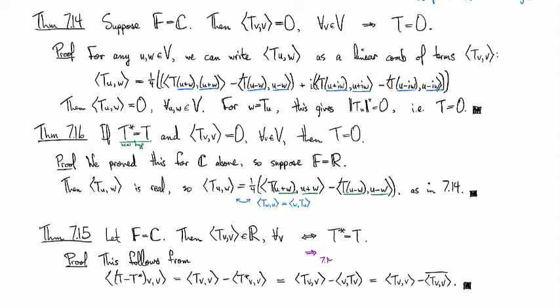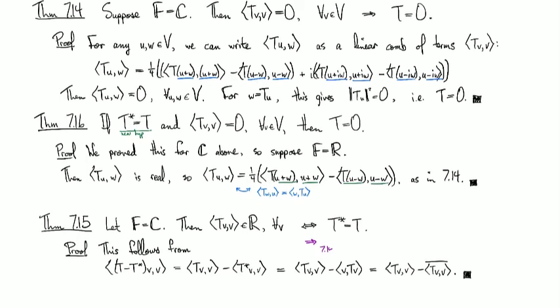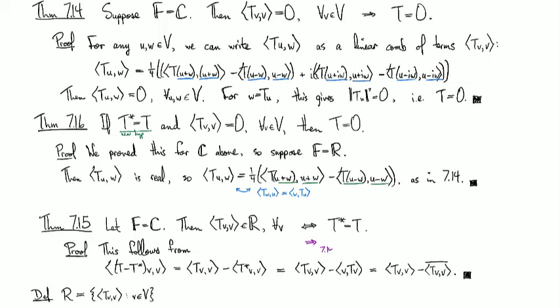So, by the way, this expression that comes up, let's, oh gosh, what's a good name for here? We'll call it R. R is the set of TVV where V can be whatever you want.